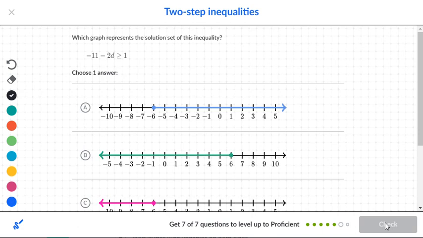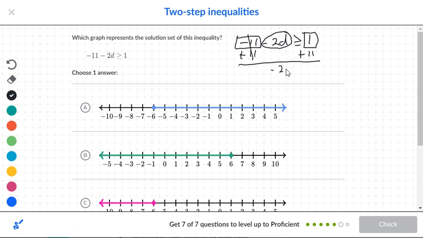So I got a -11 minus 2d. This is better than 1. Let's box our numbers and circle our letters. What we're going to do is add 11 to both sides. Cross this out.